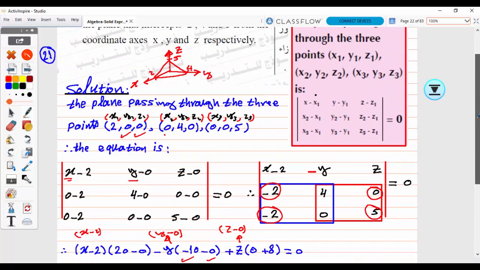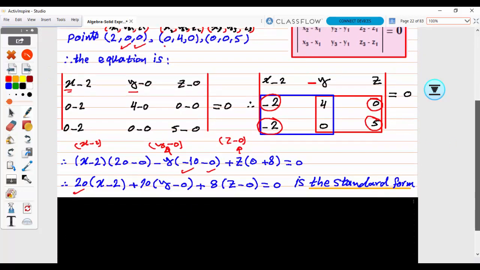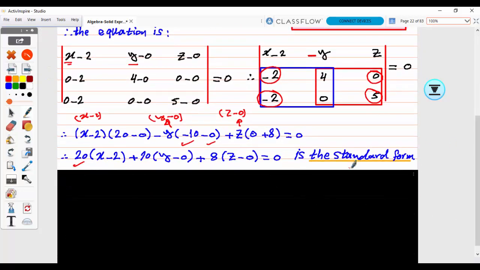Here the question is to find all the different forms. We have the standard form, and also required is the general form and the vector form.